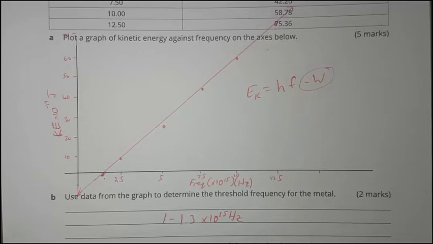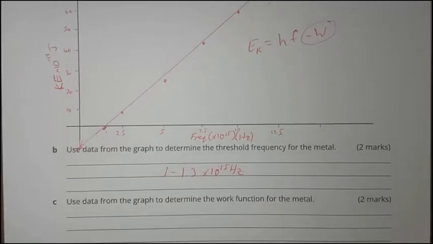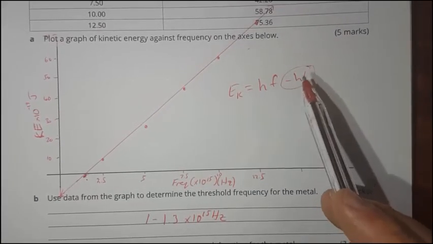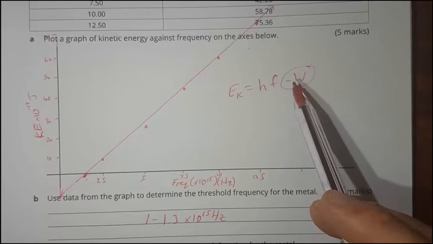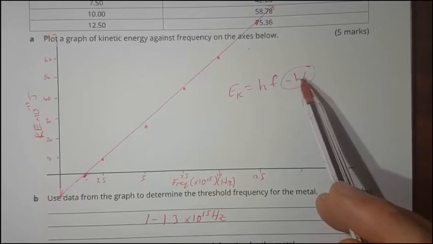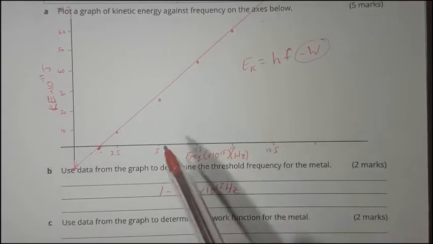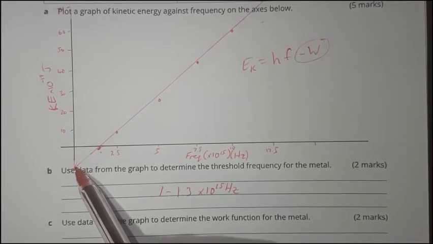That's your first step. The third question is use the data from the graph to determine the work function for the metal. The reason I've written this up here is this is effectively what you are graphing. The work function represents your y-intercept, or the negative y-intercept. So here is where you need to show your value from.